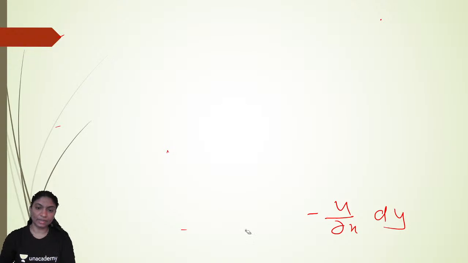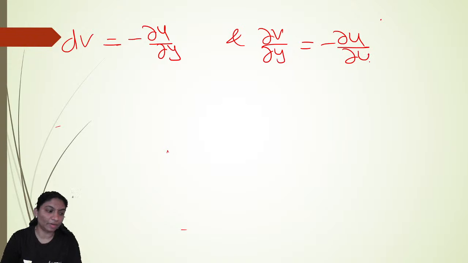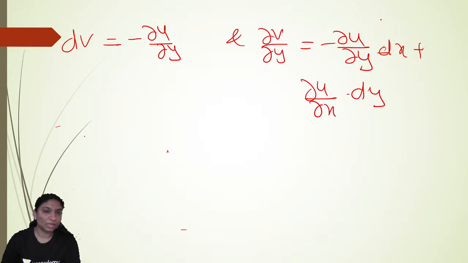So here we can write our CR equations. So we can write directly dv is equal to minus ∂u/∂y into dx plus ∂u/∂x into dy, right? So just put all the values.